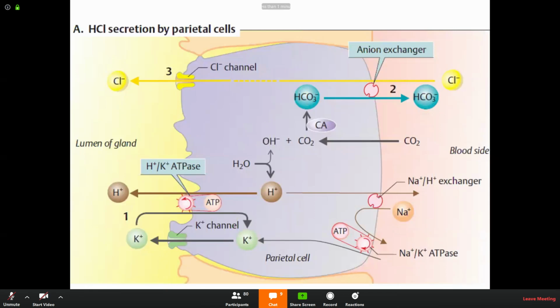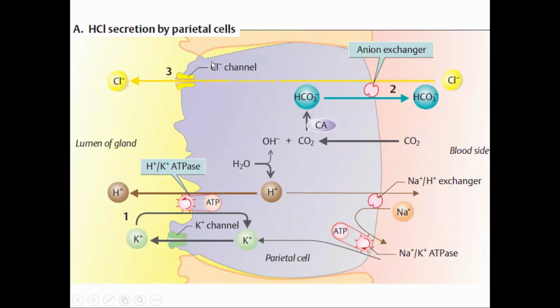When hydrogen is formed in the lumen, to balance the positive charge, negative charge also diffuses along the parietal cell. This negative charge comes by exchange of chloride and bicarbonate. So this is very, very important.